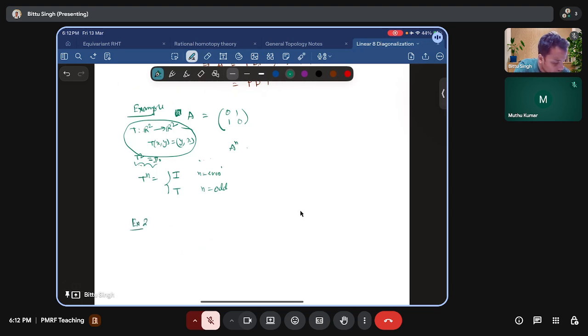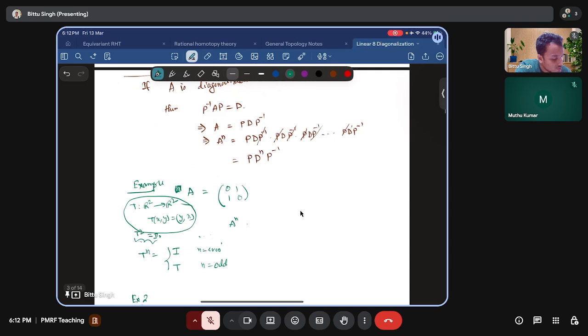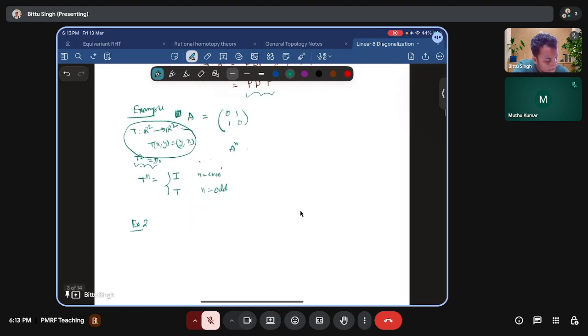Let us compute another example where we can use diagonalizability to compute A to the power n.